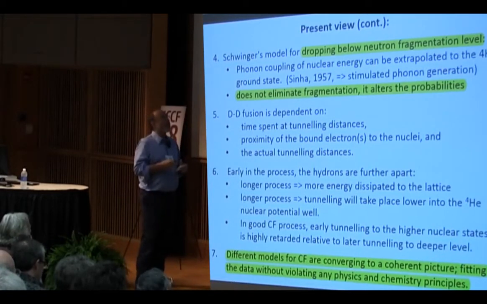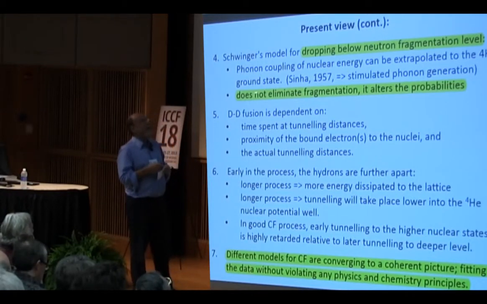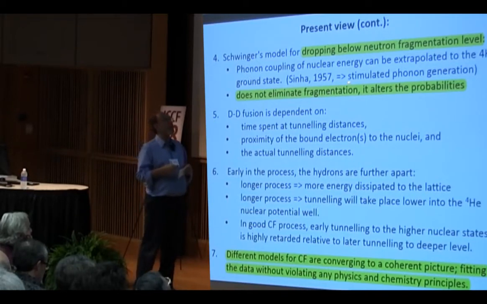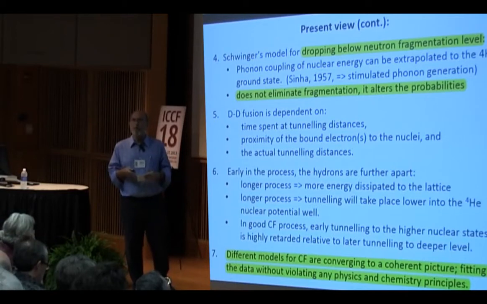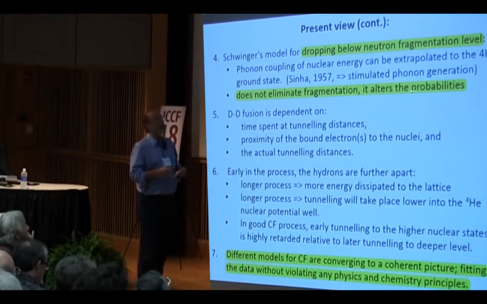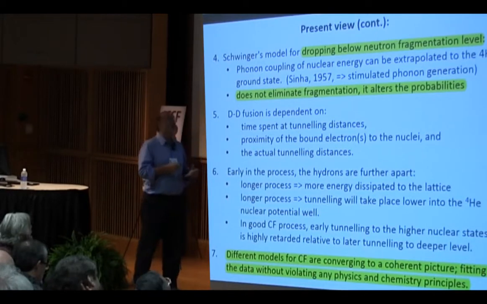Now, one point where we disagree with Ed is that what Schwinger says and what we say is you don't eliminate fragmentation, you simply alter the probability. It's a continuum. You have a probability, it's a very steep hill, but you actually have the possibility of still generating the hot fusion within this process.